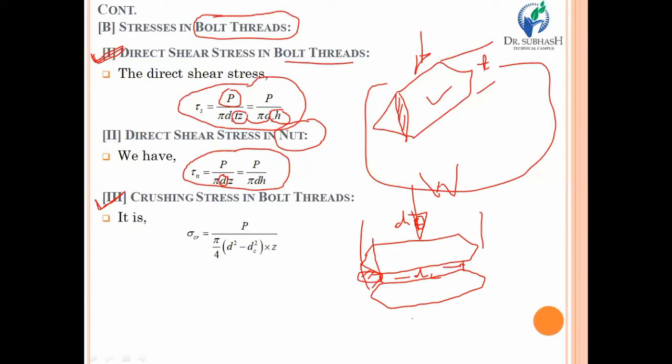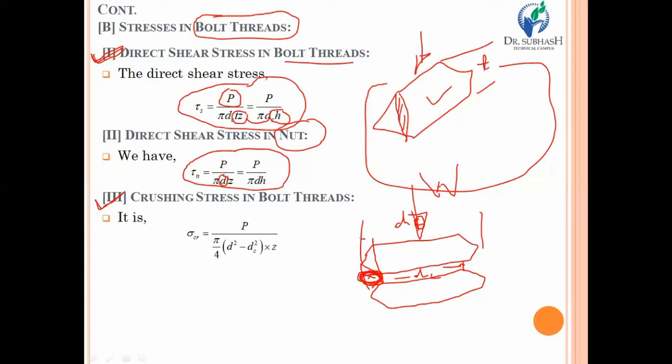So in order to evaluate the relation for crushing stress, you just have to take the ratio of the crushing or compressive force upon the area, that is the common area between the inner and outer diameter of the thread. That means this area.